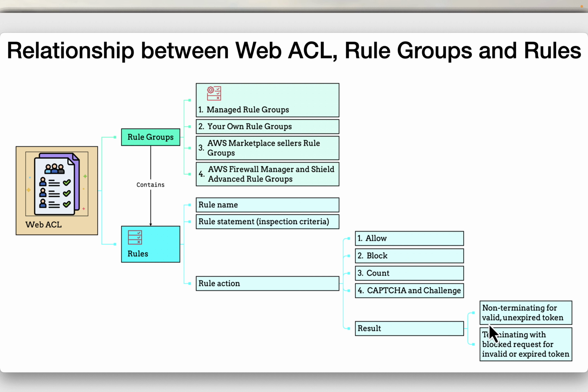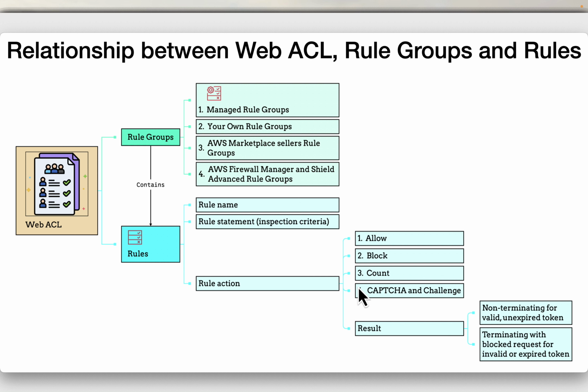So non-terminating means it will just go through for valid unexpired token, and result can also be terminating with blocked request for invalid or expired token. So if it is terminating, the request will be terminated or blocked. But you can also have a count, or you can provide a CAPTCHA or a silent challenge to the browser.